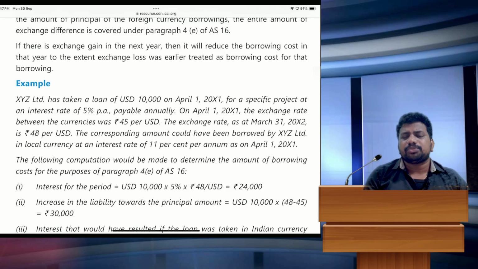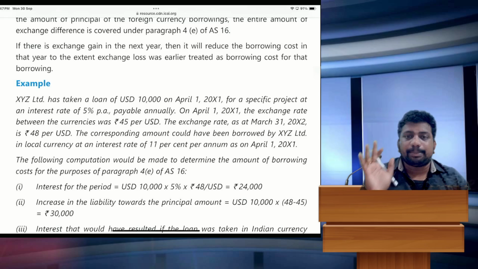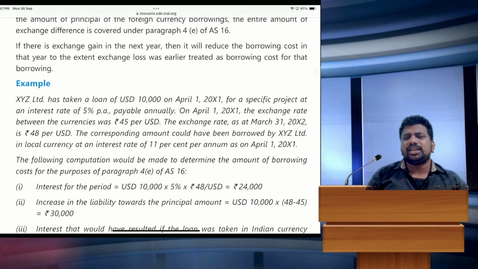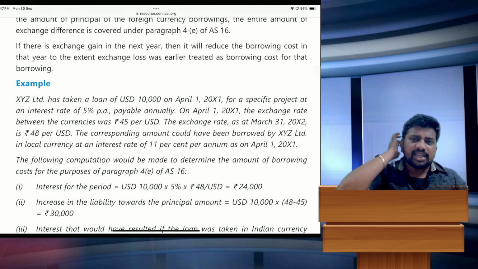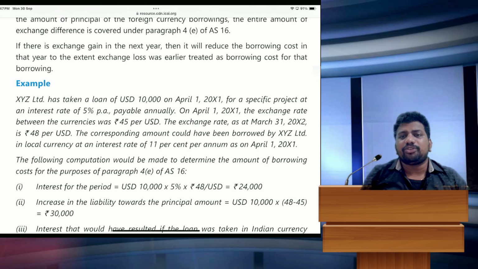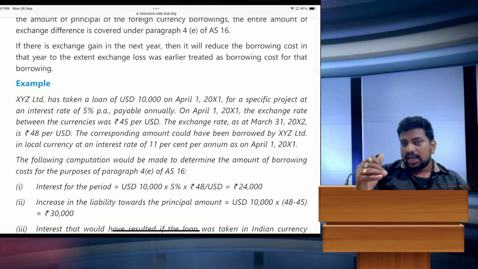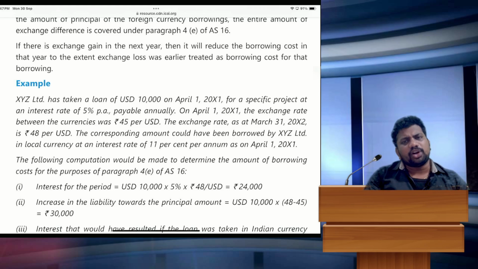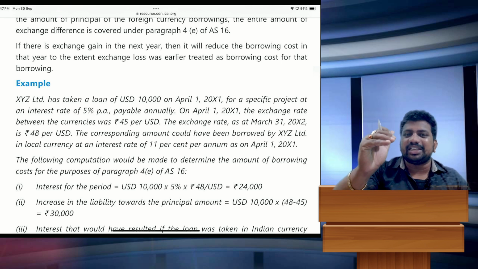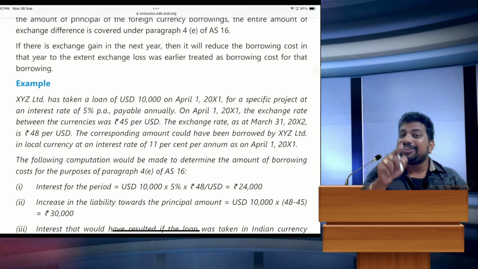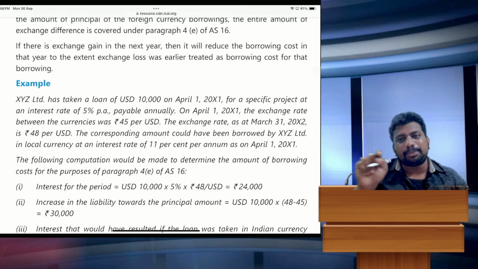Now it is saying that if you wanted to borrow funds in local currency, in Indian rupees, you would have paid interest of 11% per annum. So this is the question. From this, now understand, at the beginning of the year my exchange rate was 45 rupees per US dollar. End of the year, it is 48 rupees per US dollar. Now, initially my loan amount is 10,000, so I will be valuing my loan at that particular rate.